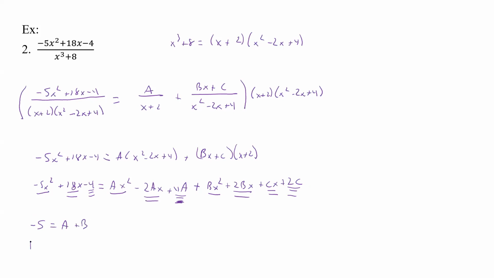Then we have 18 equals, and that's going to give us a minus 2a, and then plus 2b, and then plus c. And the final one's going to be minus 4 equals, and then we have our 4a, and then plus 2c.